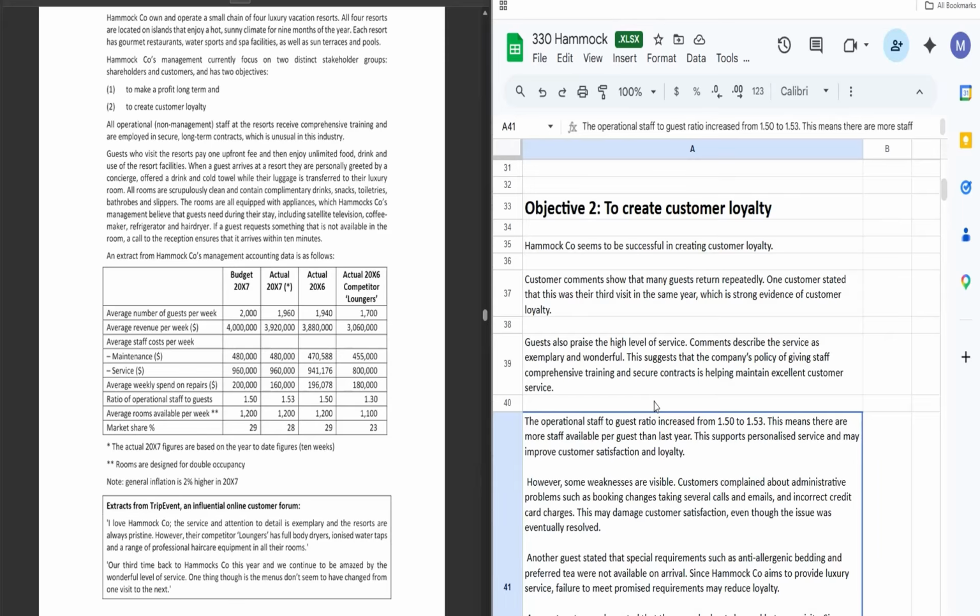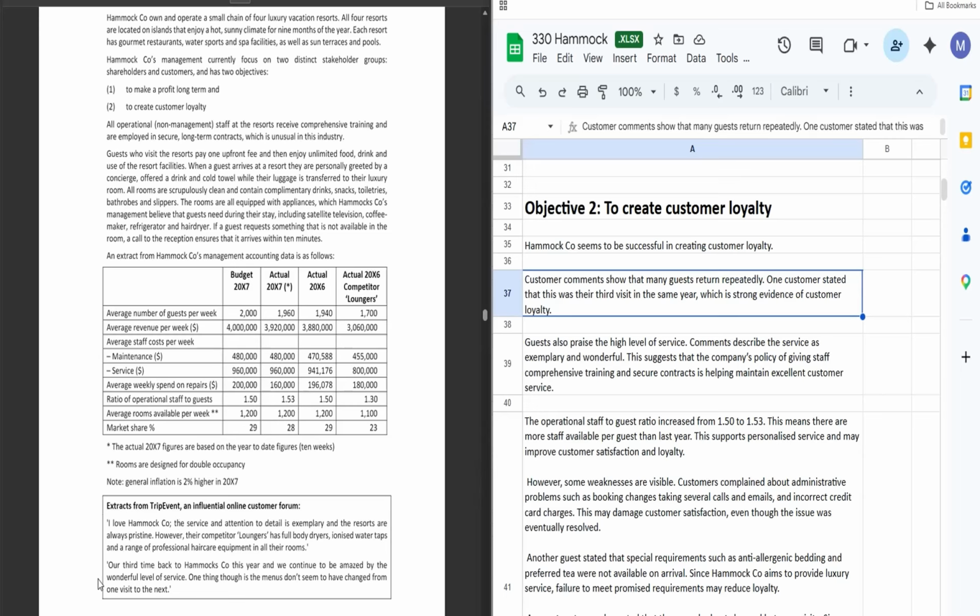So let's read out this paragraph. I have just explained everything that will support this objective. Hammock company seems to be successful in creating customer loyalty. One of the customer comments says that many guests return repeatedly, and one customer has stated that they have visited the resort for the third time in the same year.